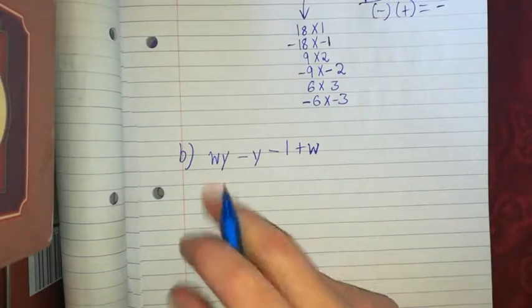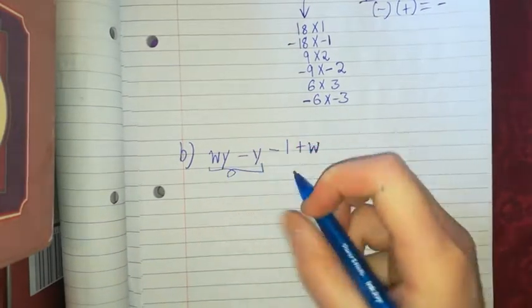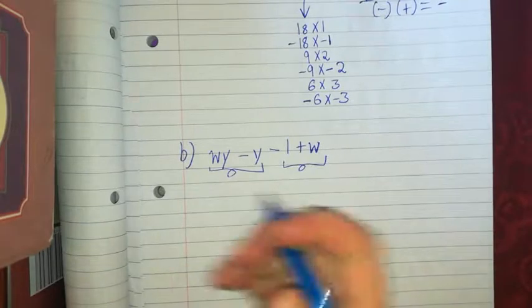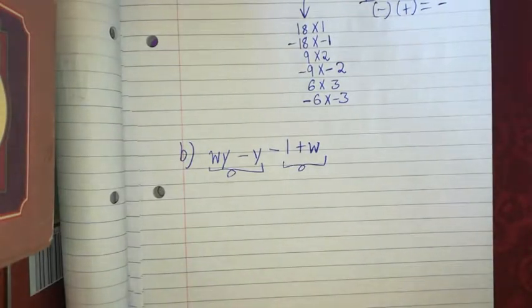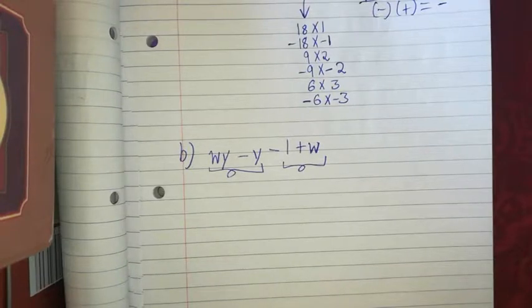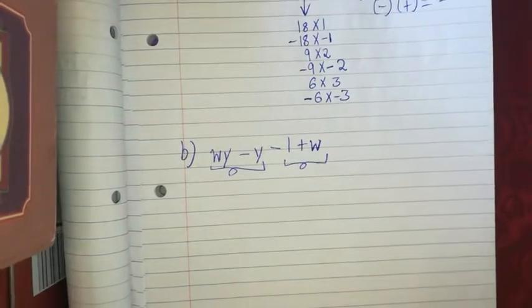So we factorize the first two and factorize the last two, and then we see if we can get our brackets matching. Sometimes we have to try and get our brackets matching.